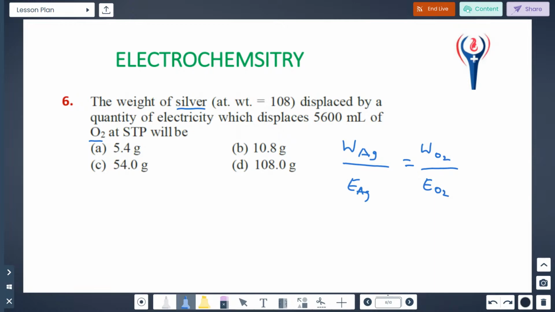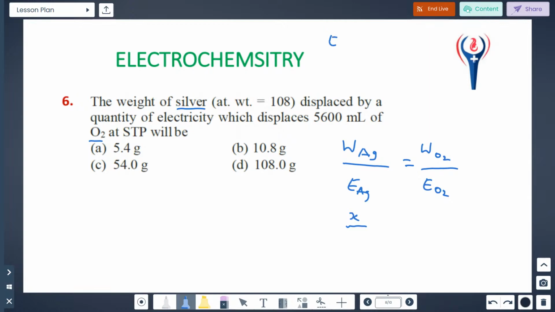Just remember this formula. They are asking to find only the weight of silver. I considered it X. Then the equivalent weight of silver: atomic weight is given, but I want only the equivalent weight. What's the formula?